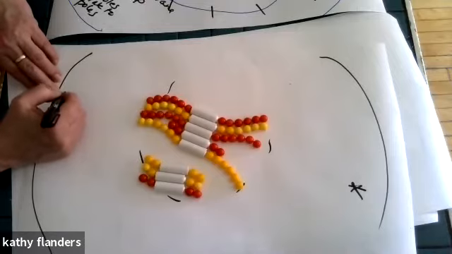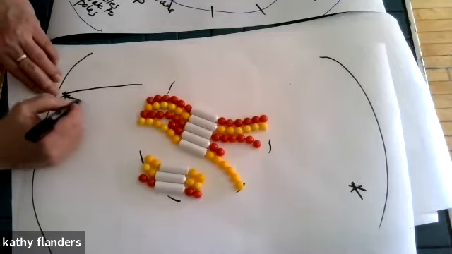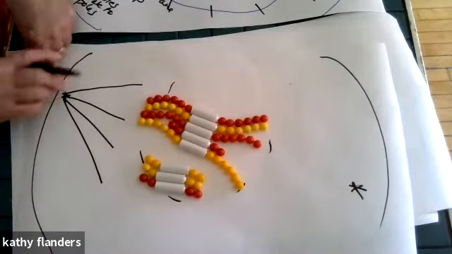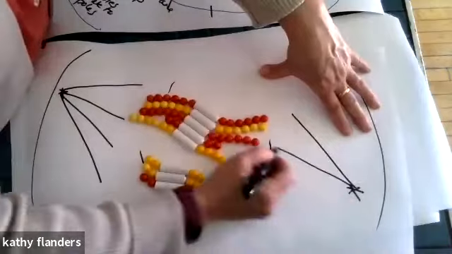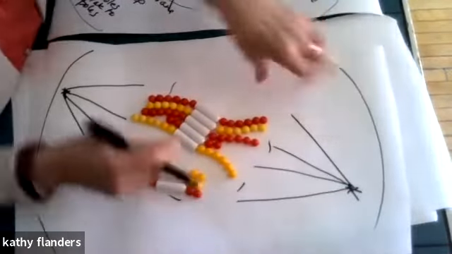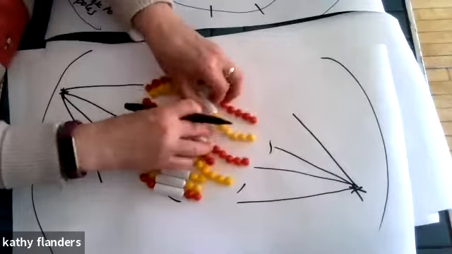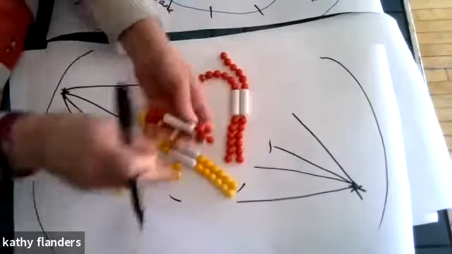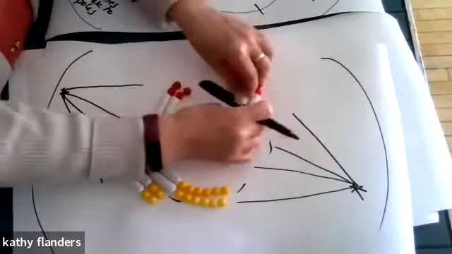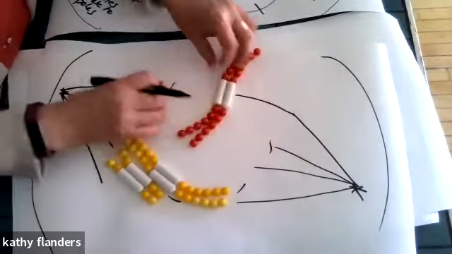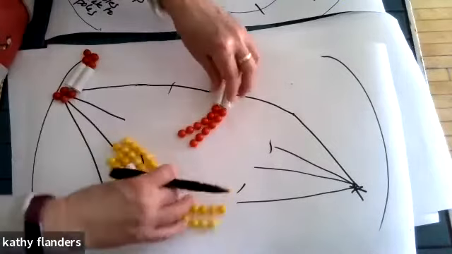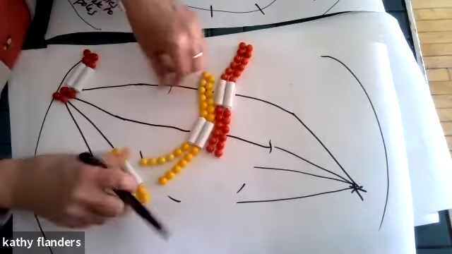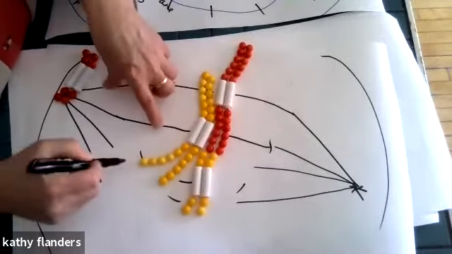And remember, my spindle is going to be fibers, microtubules that come down and they're going to grab on to one side of each of my pairs.